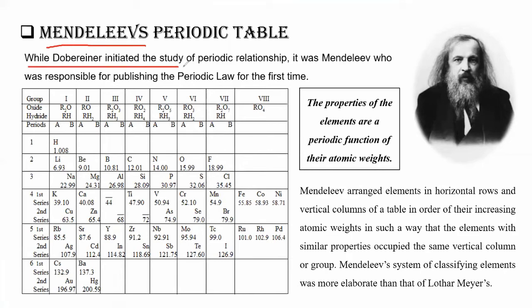While Döbereiner initiated the study of periodic relationships, it was Mendeleev who was responsible for publishing the periodic law for the first time. Mendeleev tried to publish the periodic law using which the periodic table was made, which is called Mendeleev's periodic table, as you can see here. It came for the first time as a complete periodic table, along with a periodic law. So what is the periodic law?